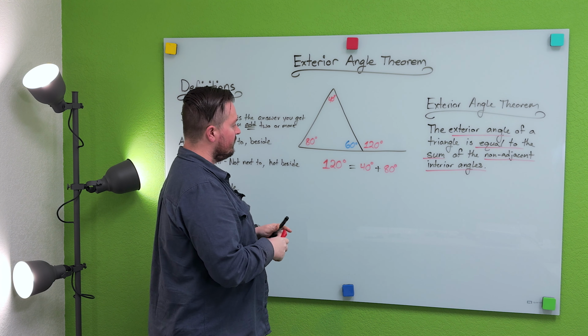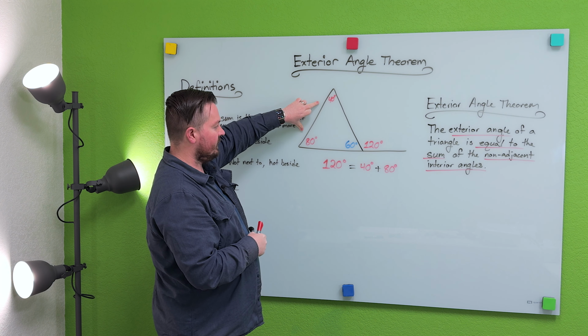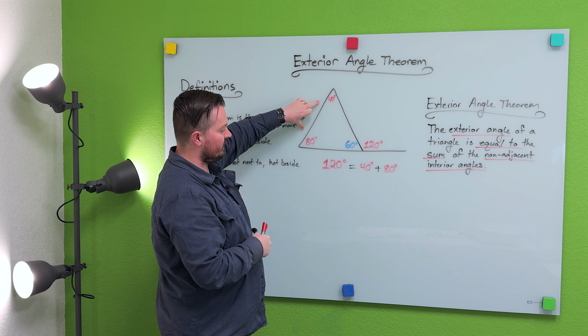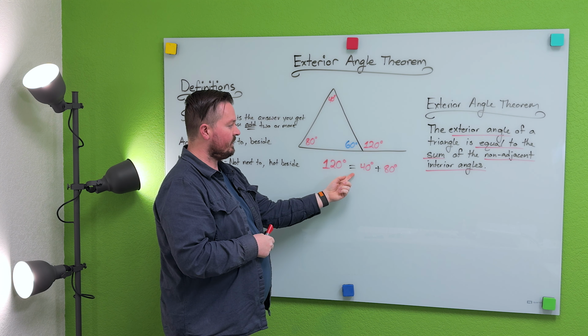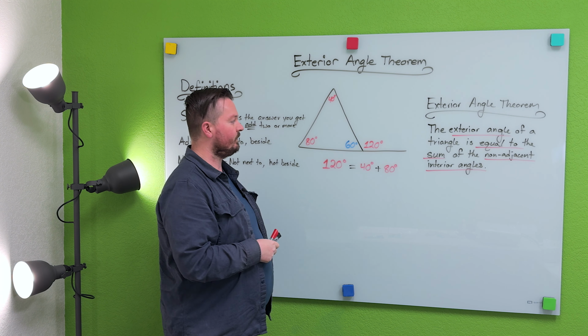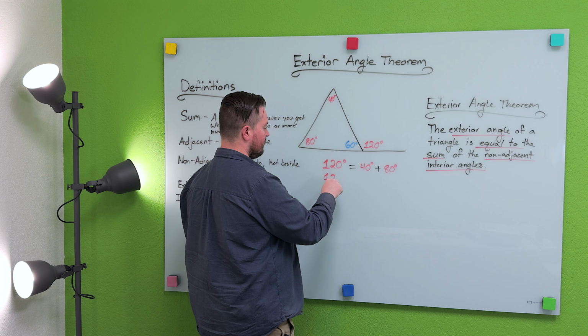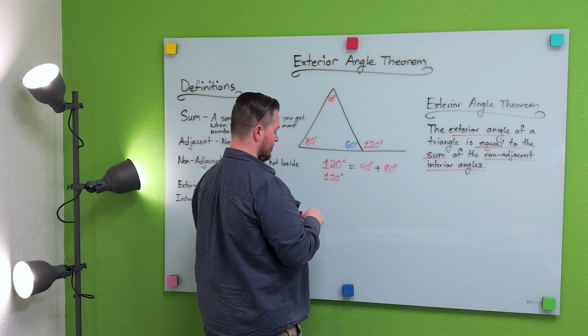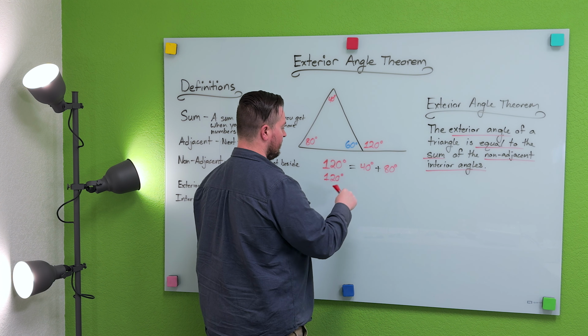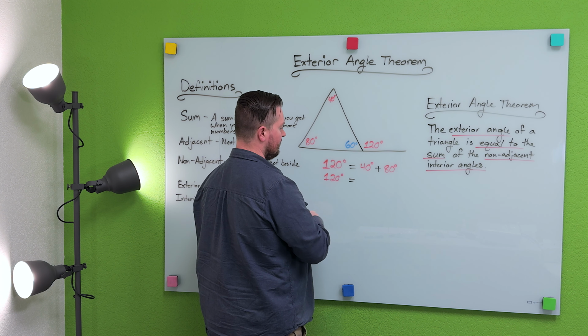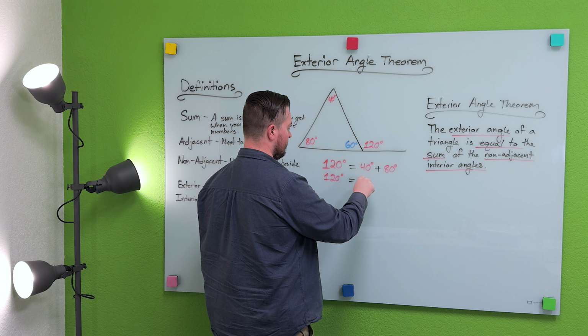So we take these two non-adjacent interior angles, when we add them together, that should be the same as this exterior angle, which is 120 degrees. And if we check, 120 degrees is the same as 40 degrees plus 80 degrees. That's 120 degrees.